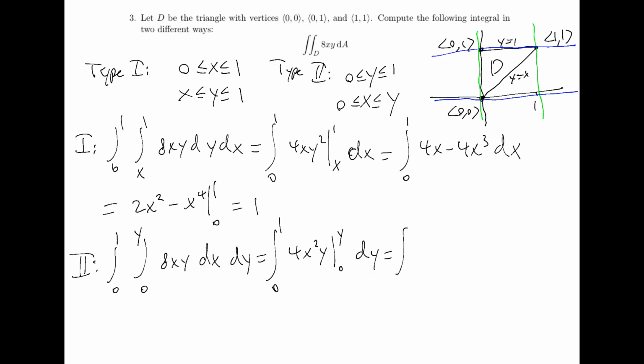Let's plug in the boundaries. Remember, these are for x because we've integrated with respect to x. So we get 4y to the third, and plugging in 0 will give me 0. This is easy to integrate because this is just y to the fourth, which is equal to 1. And once again, we see that the two ways will give us exactly the same answer.